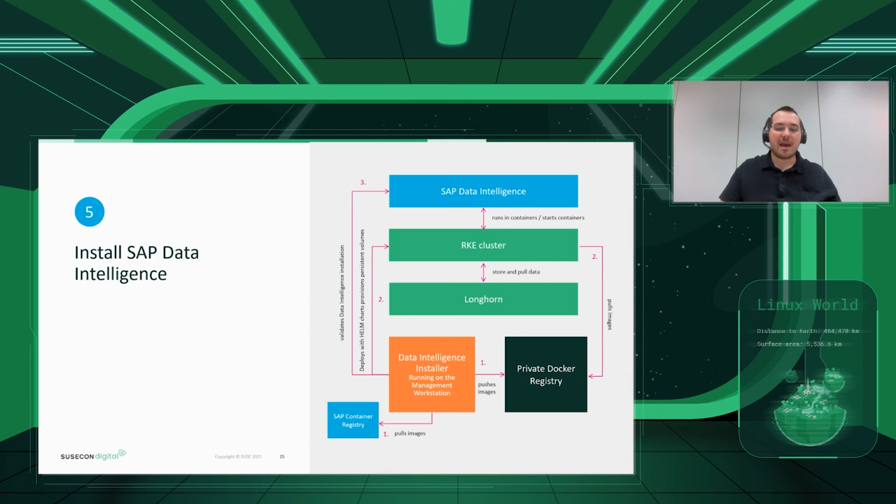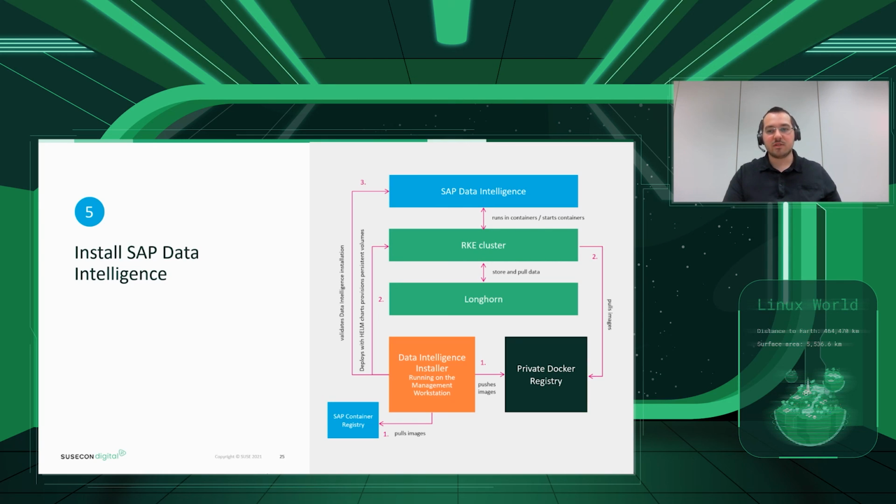And now what happens if you start installing Data Intelligence? Well, the Data Intelligence installer, which is running on your management workstation, will first start to pull the Docker images from the SAP Docker registry and push them to your private Docker registry. If it's done, it will start deploying Data Intelligence with Helm charts and provision the persistent volumes on RKE.